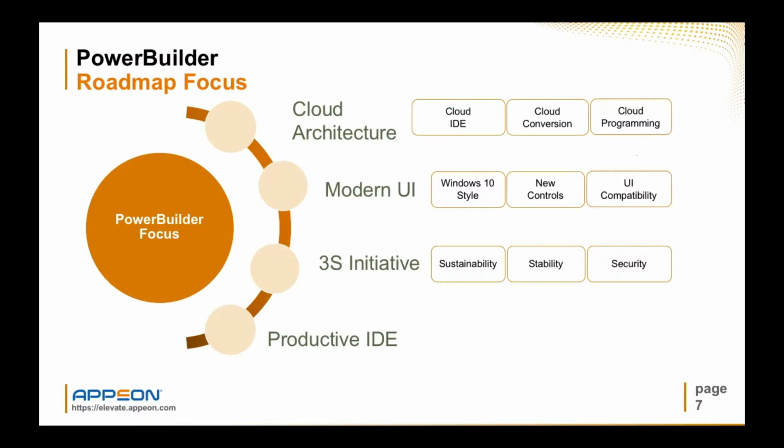Sustainability, stability, and security may sound boring, but it is very critical to many Appeon customers, especially our Fortune 500 customers. PowerBuilder is used in mission-critical situations, and they need to ensure it is reliable for years to come.